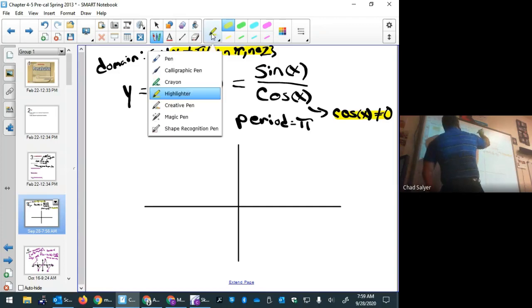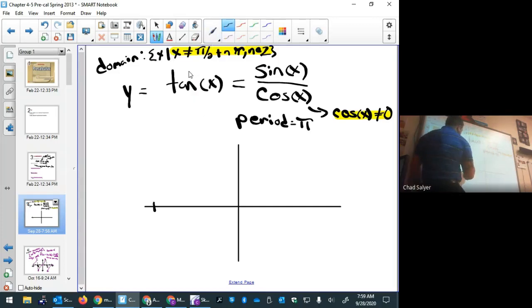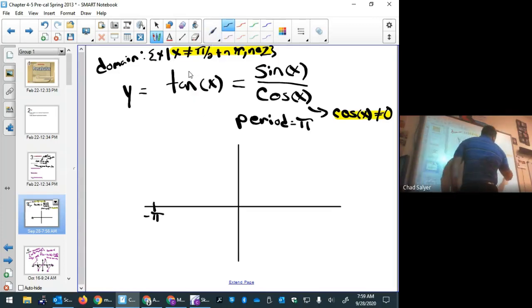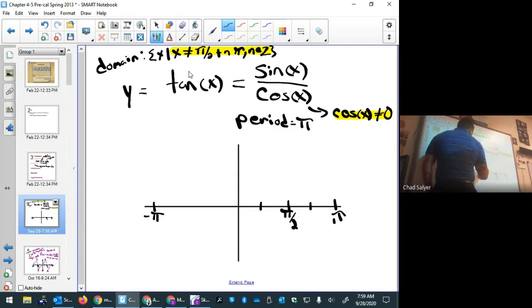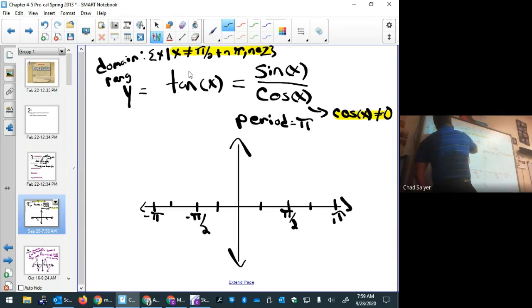Okay, so with our graph, we want to graph two periods. So let's go from negative pi. We don't have to go as far this time because the period is different. The range is going to be all real numbers, so the range is unconstrained.